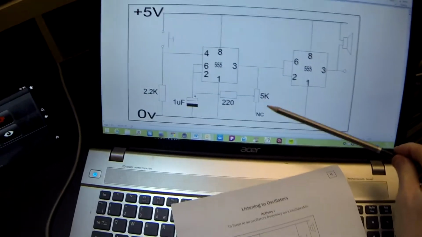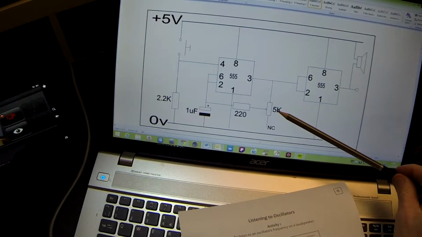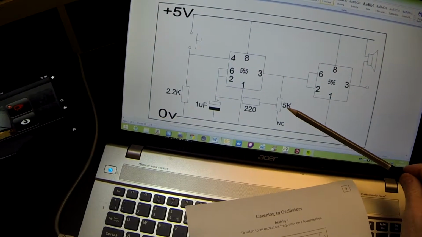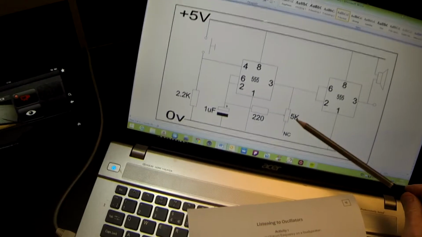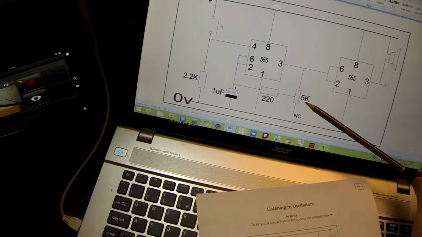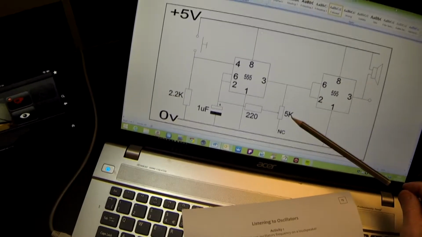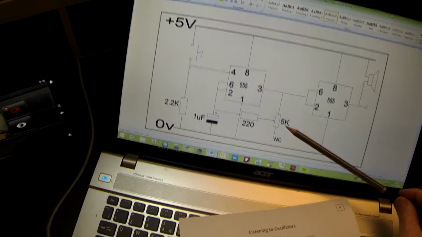But we have a variable resistor in this circuit that varies between 0 and 5,000 ohms. And in fact, it is a 4,700 ohm resistor, as it has written on it. So the maximum resistance is 4,700 and its minimum resistance would be 0.